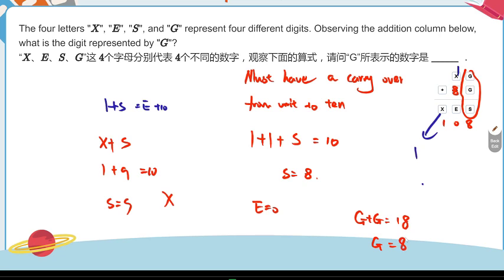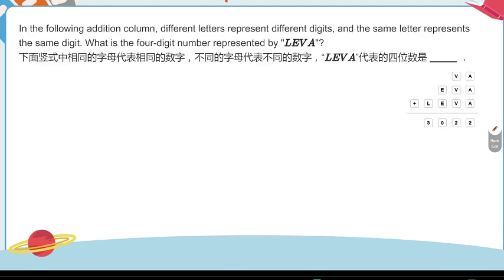Each G is 8, so the answer we already got. Sorry, it's not 8. Each G will be 9. I'm sorry about that. The digit represented by G is 9 here. We need to use a carryover to help us think of this. And sometimes even and odd are also important things.